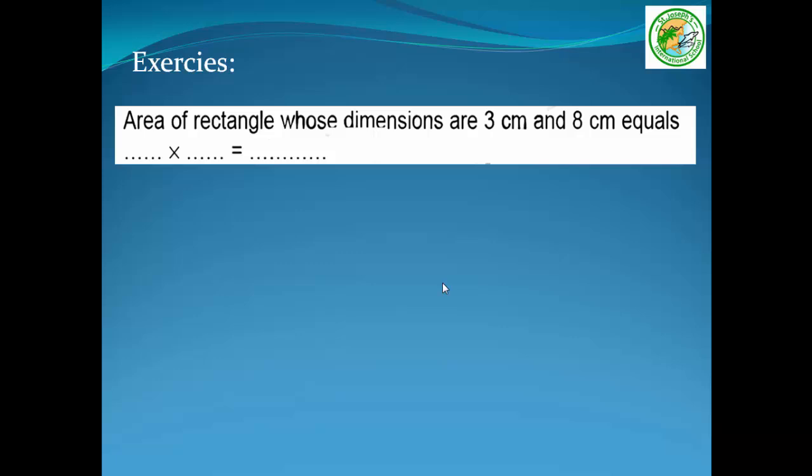That means we have a rectangle, its length equals 3 centimeters or 8 centimeters, and its width equals the other. Okay, there is no problem. Anyone can be called the length and anyone called width. So we will make 3 times 8 equals 24 square centimeters.